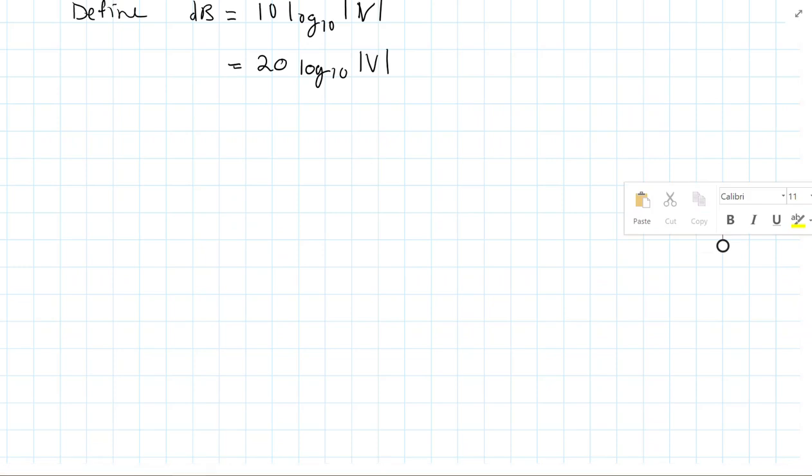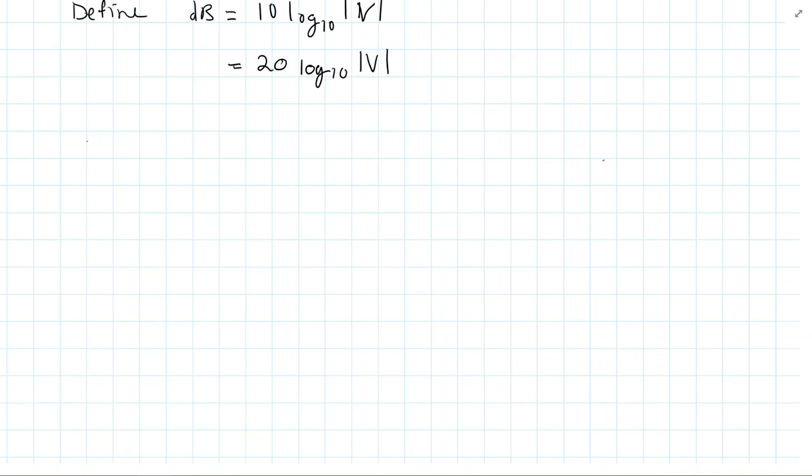So now we're going to do a definition first, and then we'll see why we use this particular definition.